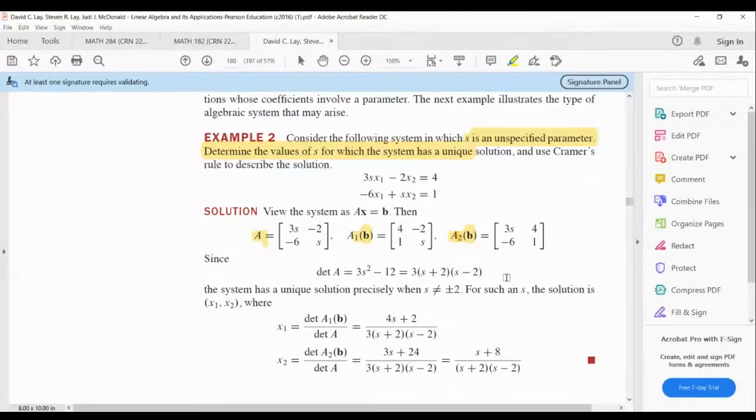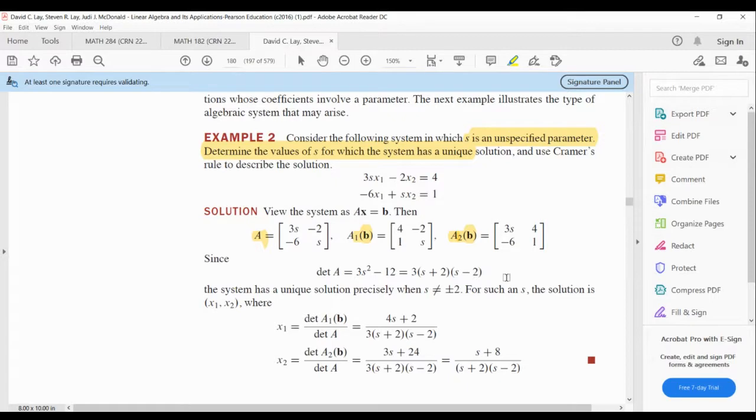Well, remember in Cramer's rule, the denominator is the determinant of A. So when you solve, the variables x sub i are all written as a ratio of determinants, and in every one of them the denominator is the determinant of A. So if the determinant of A is 0, then you won't have a solution.